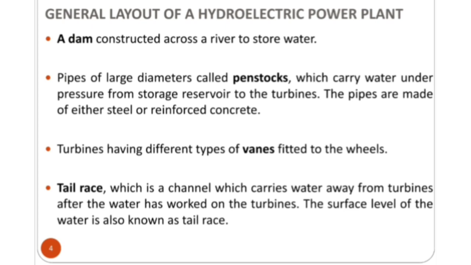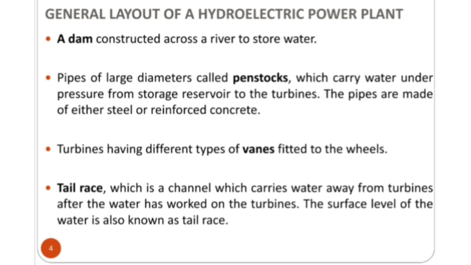So to convey the water from the dam to the turbine, there will be a pipe which is of larger diameter called as a penstock. So this will carry water under high pressure from the storage reservoir to the turbines. So these pipes are made up of either steel or reinforced concrete.